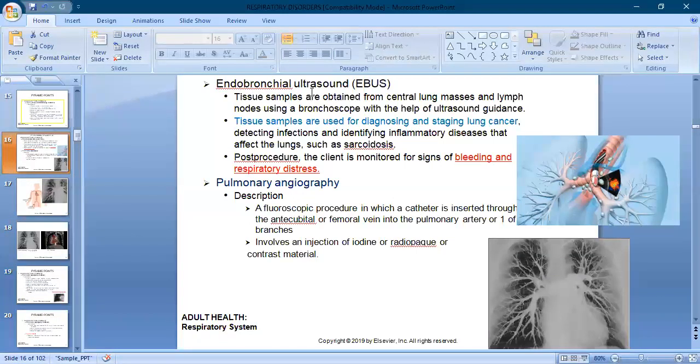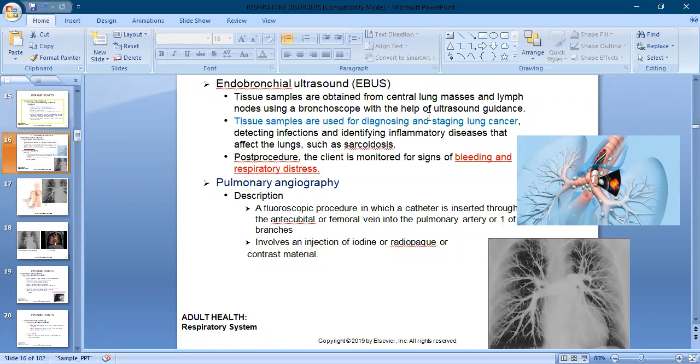endobronchial ultrasound. This is the one where a camera passes by and takes the picture, and you can see directly, visually. So tissue samples are obtained from central lung masses and lymph nodes using a bronchoscope with the help of ultrasound guidance. So it is an ultrasound guided procedure.